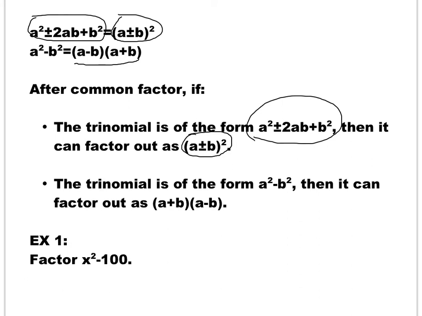Or if you get a binomial of this form, a squared minus b squared, then the factor is a plus b times a minus b. Now, the good news is that you don't really need to memorize these formulas. What you have learned so far, you can use it to factor a binomial if it's a perfect square, or if it's the difference of squares.